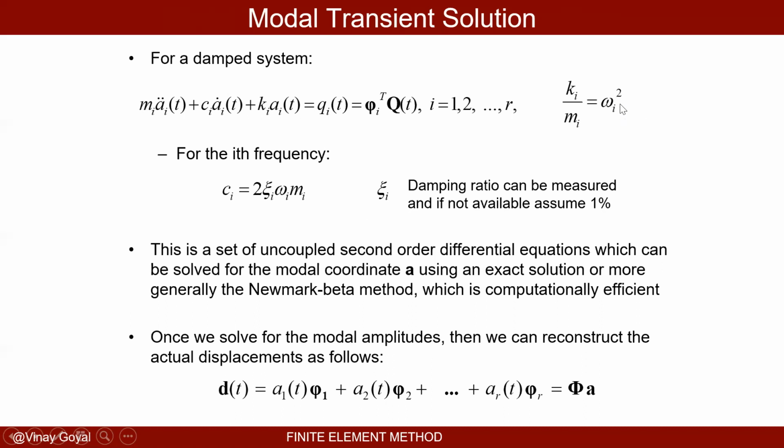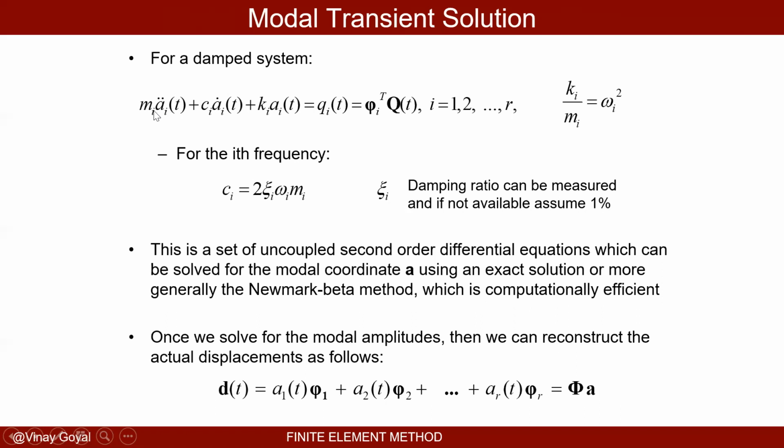So how do I deal with the damped system? How do I deal with this C_i? One approach is that for the ith frequency, you make C_i equal to 2 zeta_i omega_i M_i. I know M_i, I know omega_i. Zeta_i is the damping ratio that can be measured. And if it's not available, you can assume 1% as a starting point.